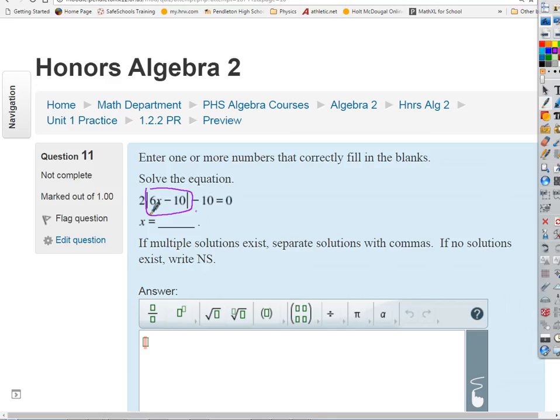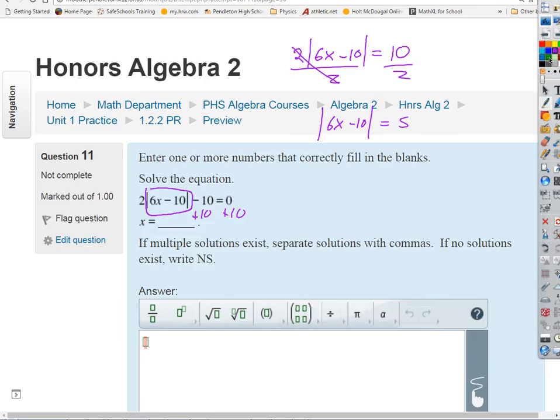So adding 10 to both sides gives us 2 times the absolute value of 6x minus 10 equals 10. Divide each side by 2, and I get absolute value of 6x minus 10 equals 5.